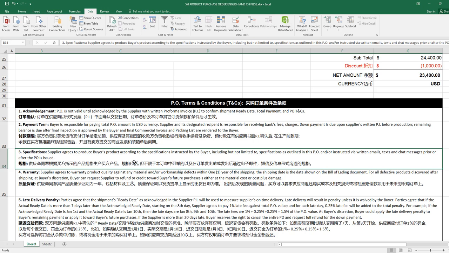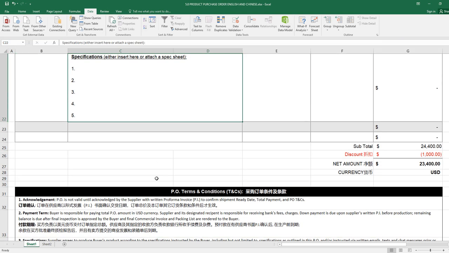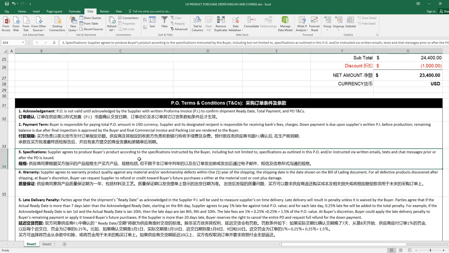So that's why I have put it down here to get you covered if there are changes. In case you didn't get it covered in the purchase order or in the attachment, at least it's in the terms and conditions the supplier agrees to follow your instruction, even if the changes are made after the PO is issued.